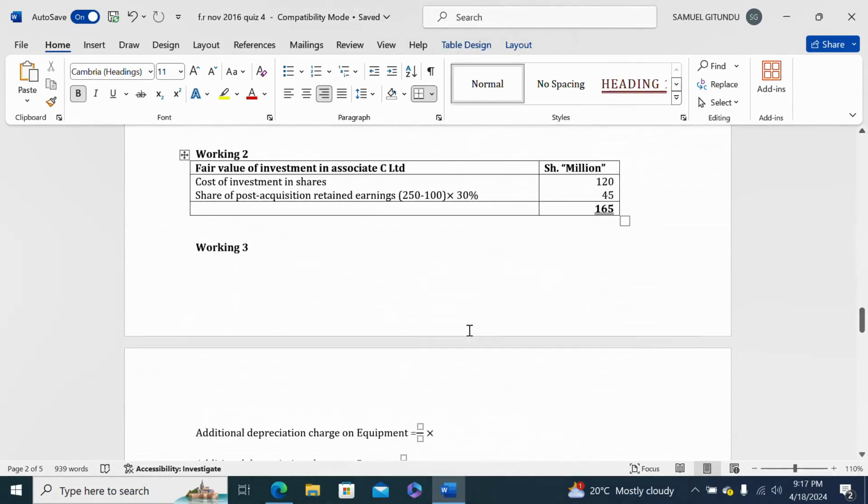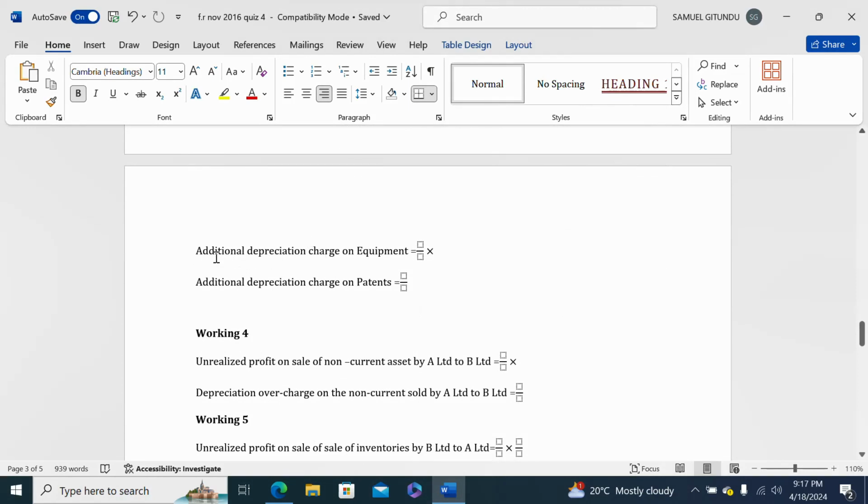So we calculate the depreciation undercharge, which is also called the additional depreciation, and let's call it depreciation undercharge on equipment.